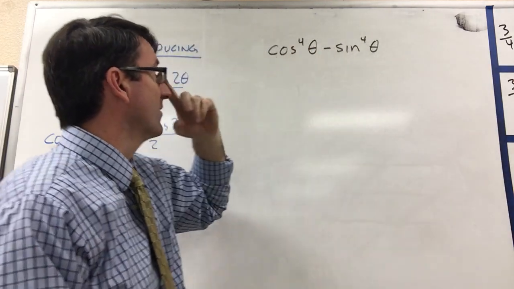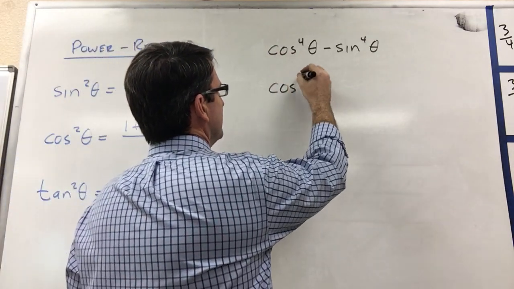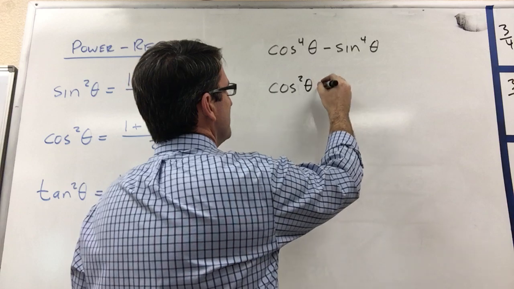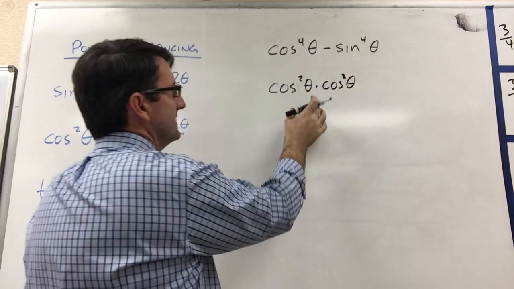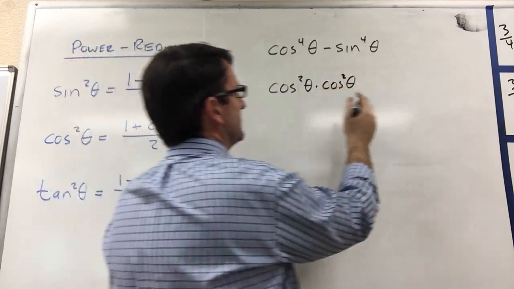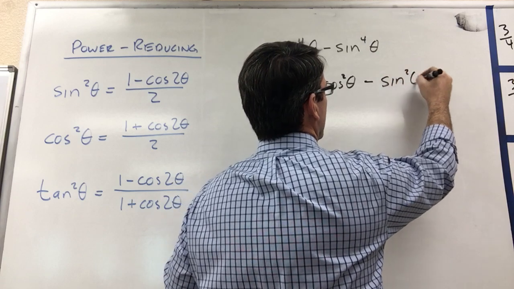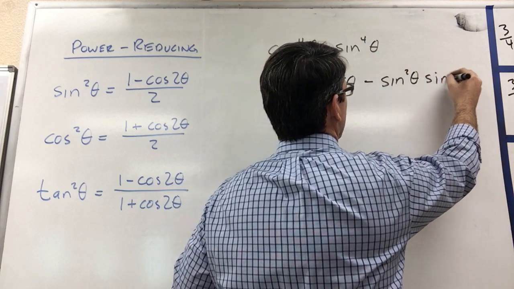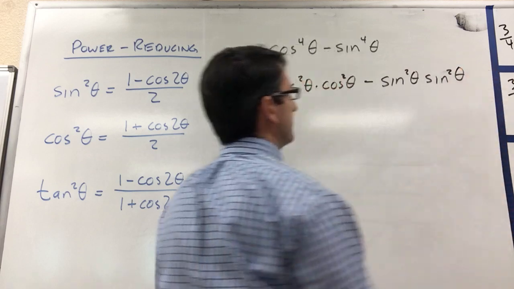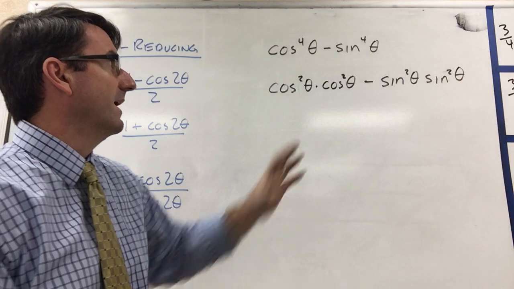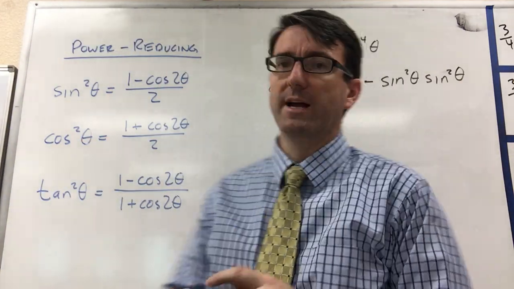We have cosine to the fourth, but we can rewrite this as cosine squared times cosine squared, or cosine squared squared, but let's write it like this for now, minus sine squared theta times sine squared theta. All right, now we can use our power reducing identities.